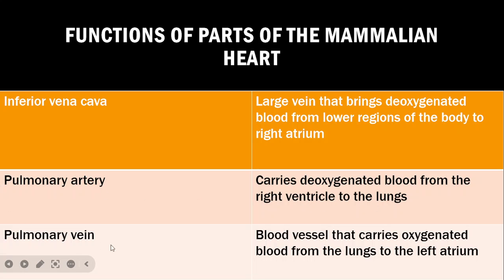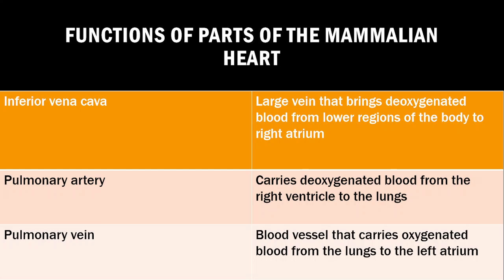Then there's the pulmonary vein. The pulmonary vein is the blood vessel that carries the oxygenated blood from the lungs to the left atrium. So this is the fresh blood that contains the needed gaseous contents.